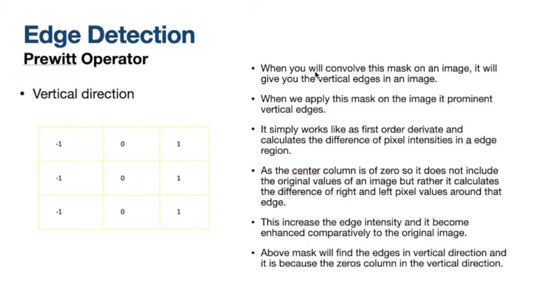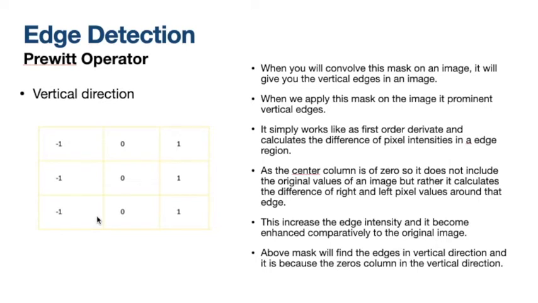When you convolve this mask on an image, it will give you the vertical edges of an image, and when we apply this mask on the image, it actually prominences the vertical edges.